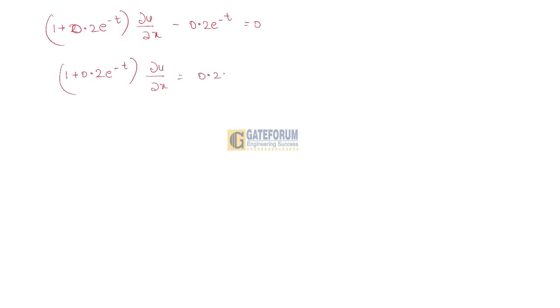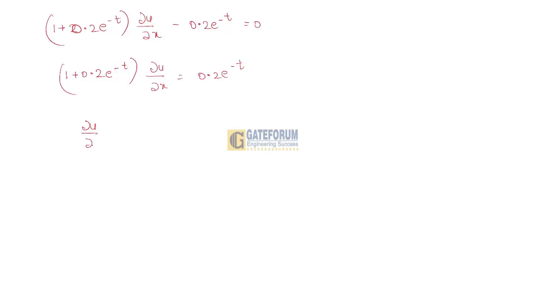From there, 1 plus 0.2 e power minus t dou u by dou x minus 0.2 e power minus t will be equal to 0. So 1 plus 0.2 e power minus t dou u by dou x is equal to 0.2 e power minus t.